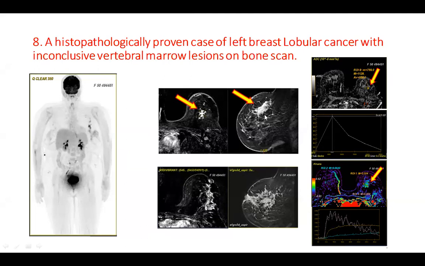We can see that the main bulk of the tumor is at the upper outer quadrant, but a tongue of tissue was seen extending to the retroareolar region with the resultant retraction of the nipple. This study is a multiparametric MR study of the breast integrated in the whole body assessment.